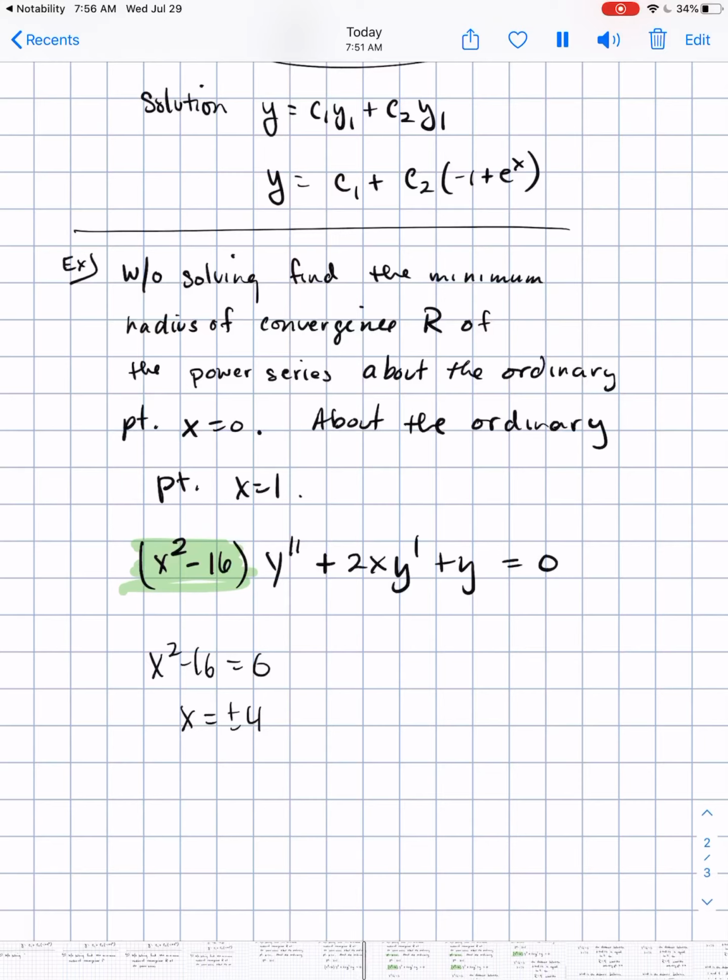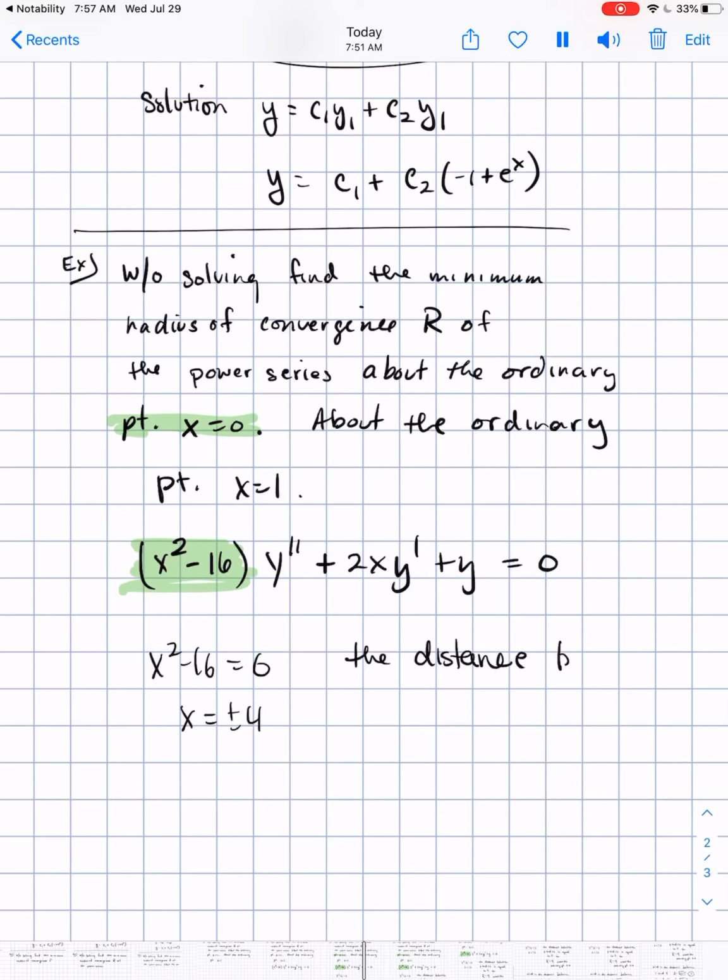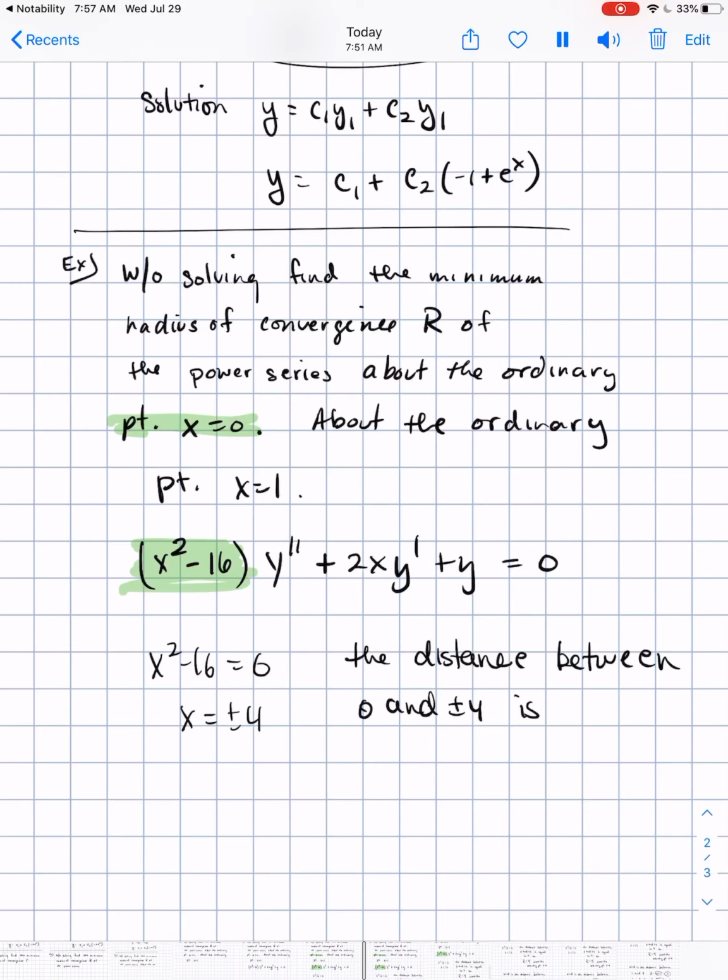So for the first part, where it's about the ordinary point 0, I know that the distance between 0 and plus or minus 4 is equal to 4.